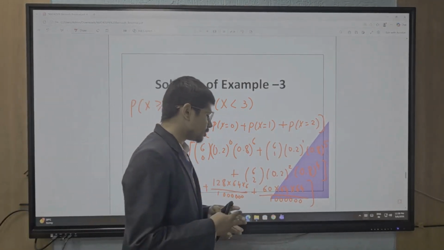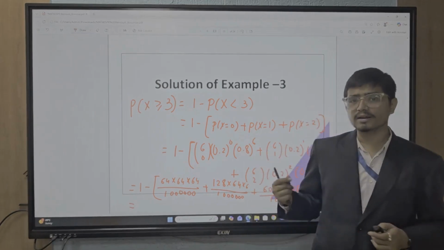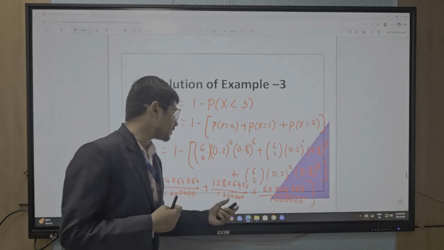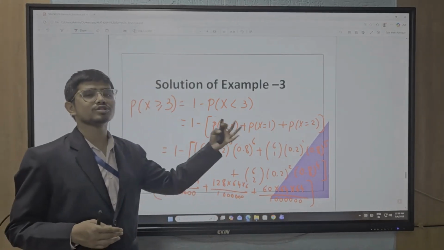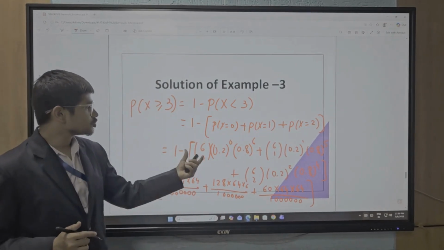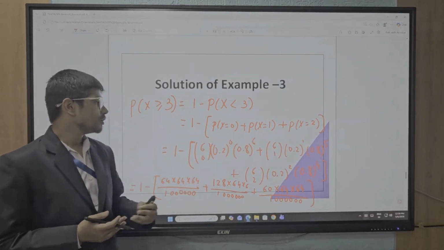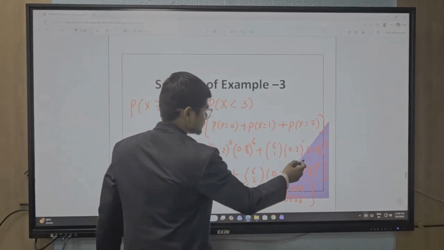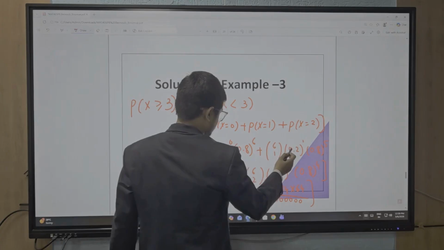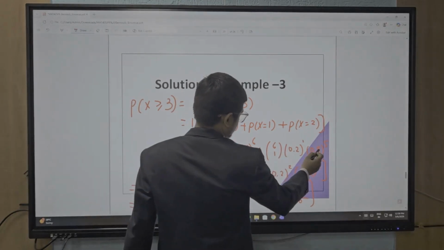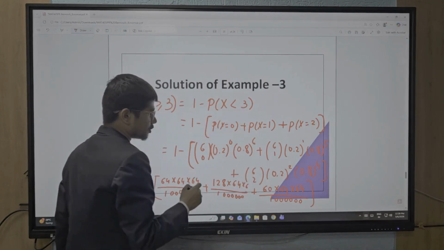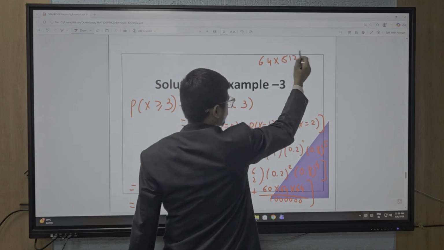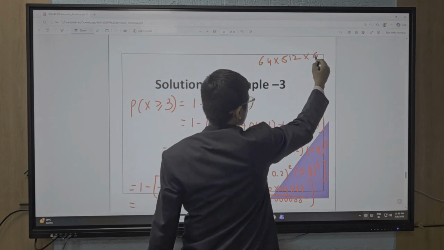If you have any query regarding this calculation, I request you to do it by calculator. In this way you can calculate everything. Here 0.8 means 8 raised to 5, 64 into 512 into 6.